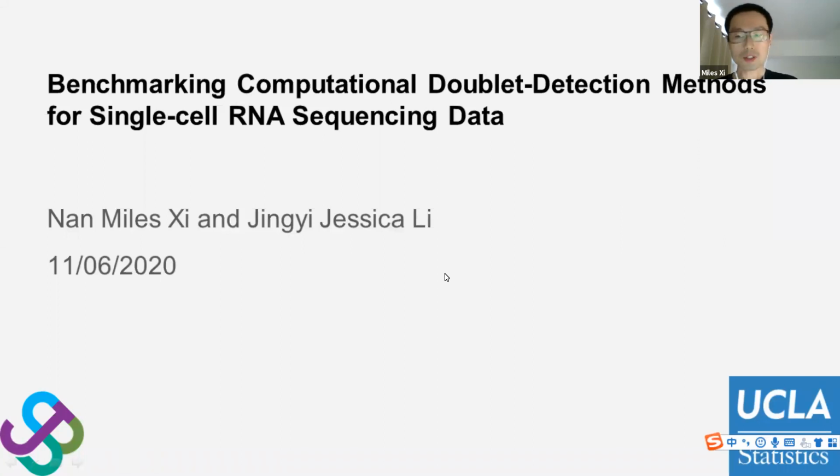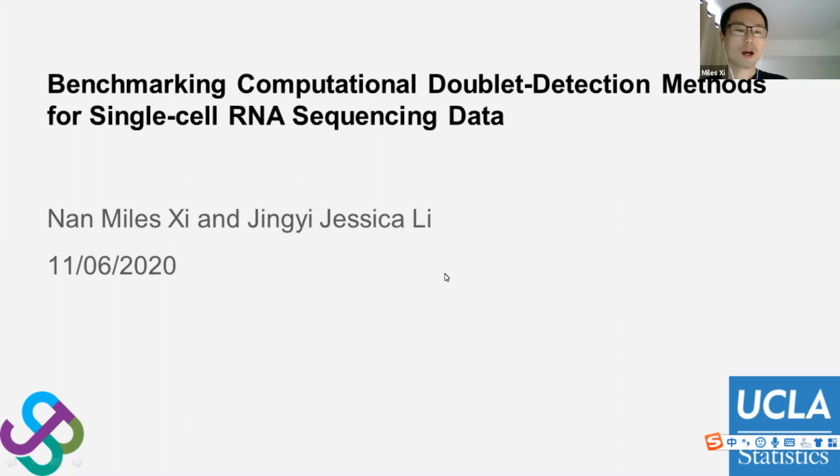So here today, I want to introduce the topic, which is benchmarking computational doublet detection methods for single-cell RNA sequencing data. I think in this topic, there are two things we may be interested in.